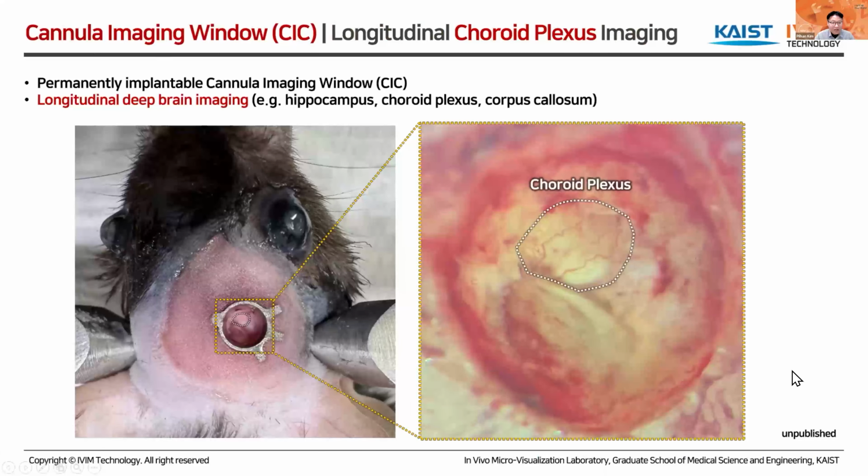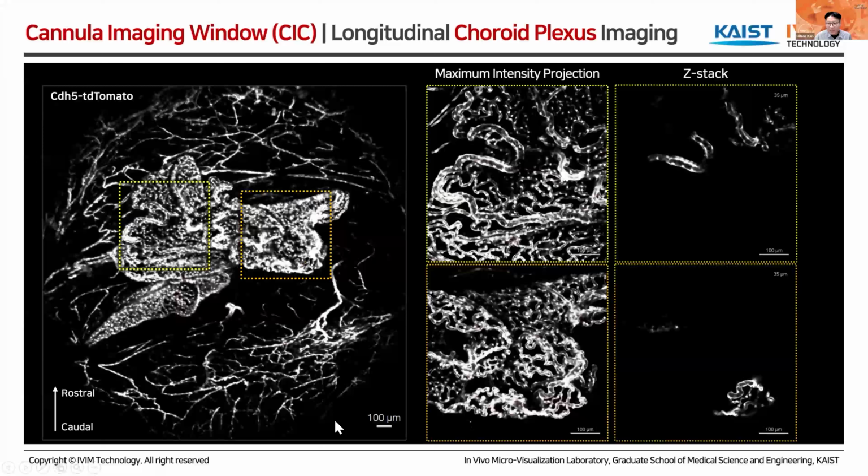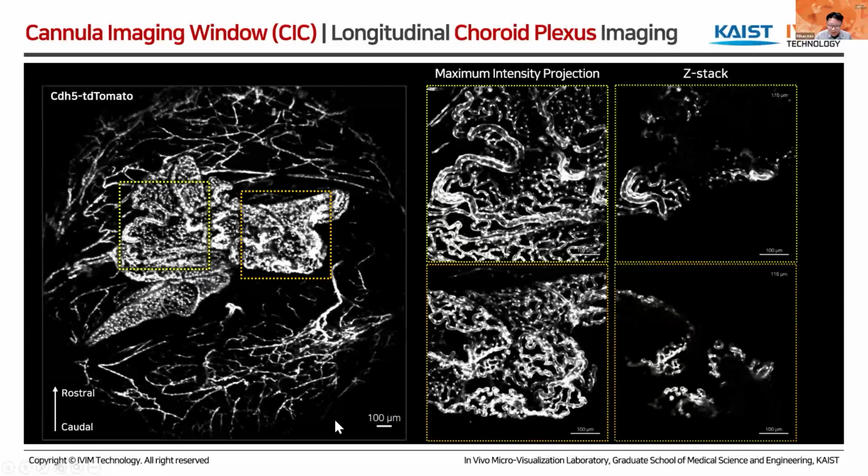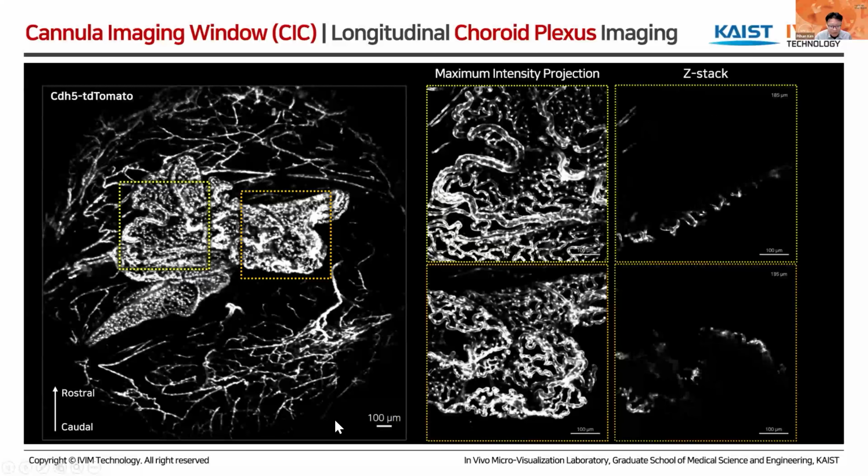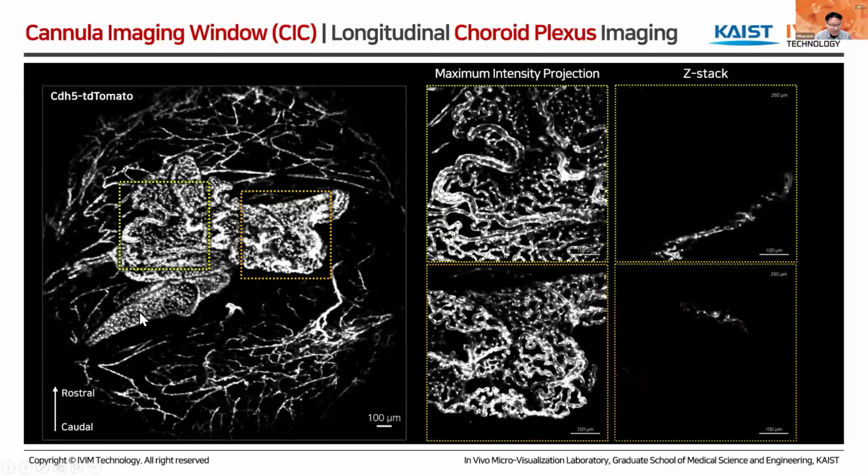Okay, and then I'd like to show another example of using this CIC. This CIC can also be placed over the lateral ventricle. By doing that, we can directly see the choroid plexus, as you can see in this photo. This is one example obtained from the ventricle, and the choroid plexus is actually here.